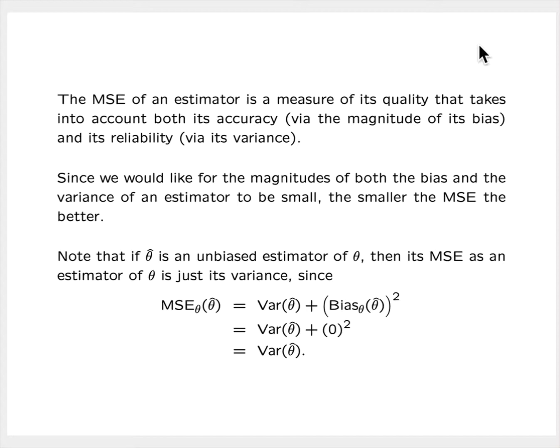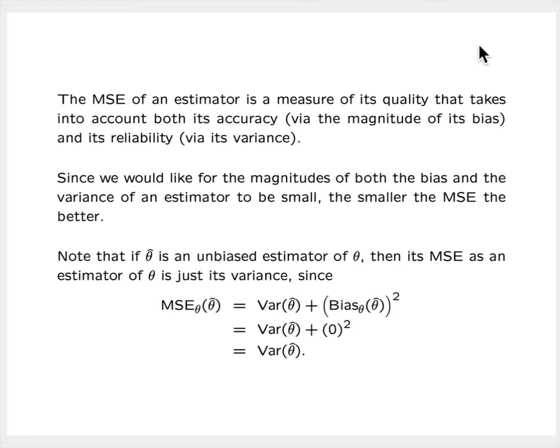The more spread out the sampling distribution of an estimator is, the less likely it is to be close to the mean of its sampling distribution. And so in that sense, it becomes a less reliable estimator as its variability increases.